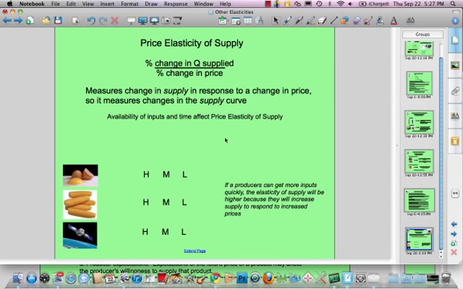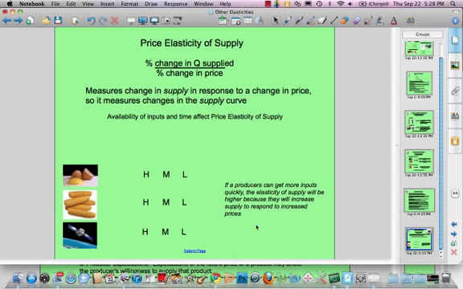The two most important things that impact price elasticity of supply are availability of inputs and time. Those are the two things that most directly and either positively or adversely affect price elasticity of supply. Let's think about why that is.